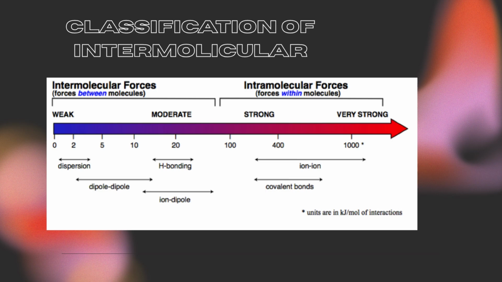These bonds are especially important in water, proteins, and DNA, where they contribute to the structure and stability of biological molecules. The strongest intermolecular force is the ion-dipole force, which occurs between an ion and a polar molecule, such as when salt dissolves in water.